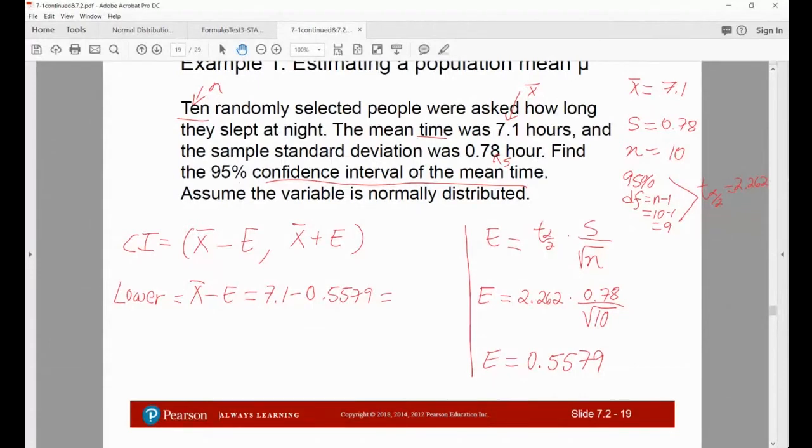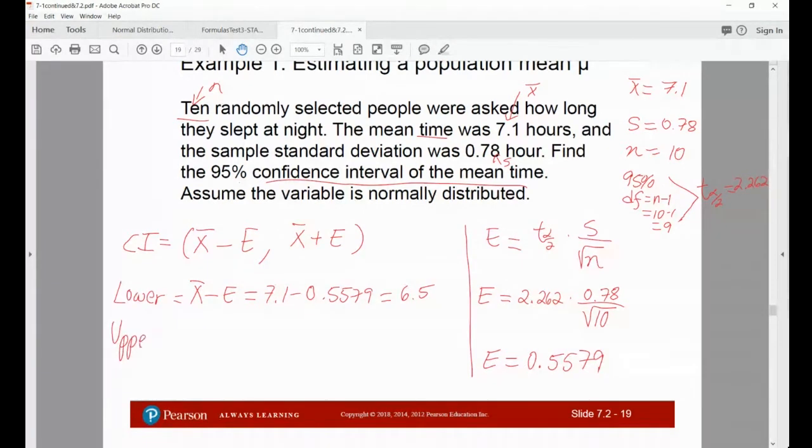And this is equal to what? Let's round it to 1 decimal. Usually we're going to round to the same number of decimals as the sample mean. So if the sample mean has 1 decimal, we're going to round the limits of the interval to 1 decimal. So 7.1 minus 0.5579 is 6.54, but if we round it to 1 decimal, it's 6.5.